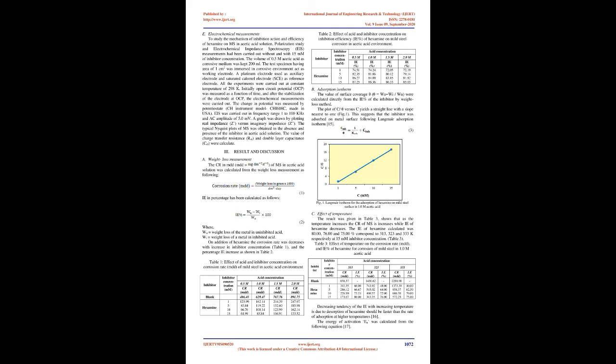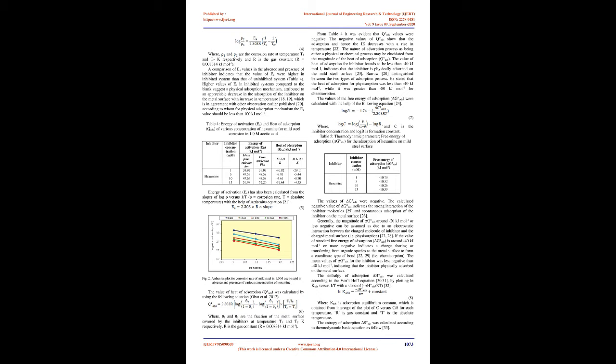The test specimens were cleaned by washing with distilled water, degreased with acetone and again washed with double distilled water, finally dried and weighed using an electronic balance. Aqueous solution of acetic acid having concentration of 0.5, 1.0, 1.5, and 2.0 M was used as corrosive media, prepared by diluting acetic acid of analytical grade in double distilled water.